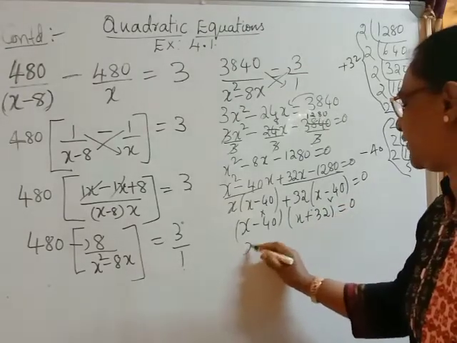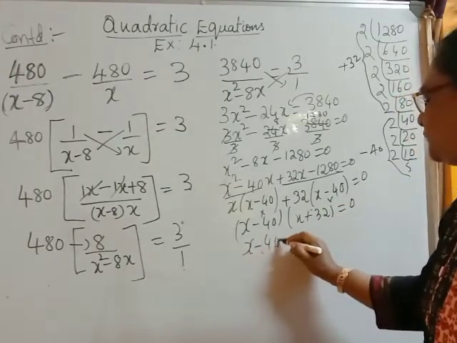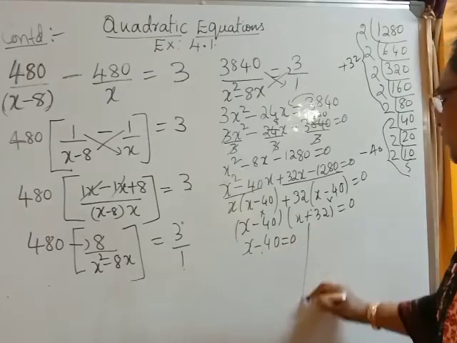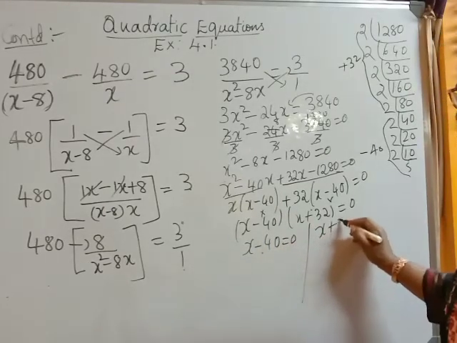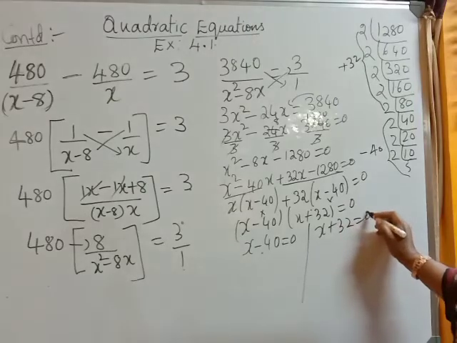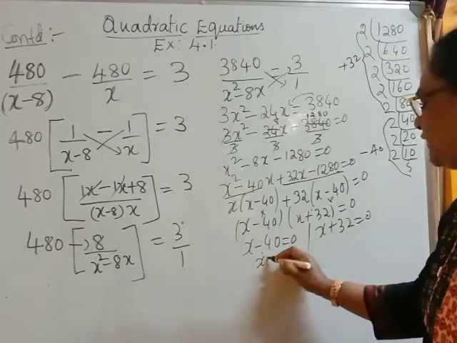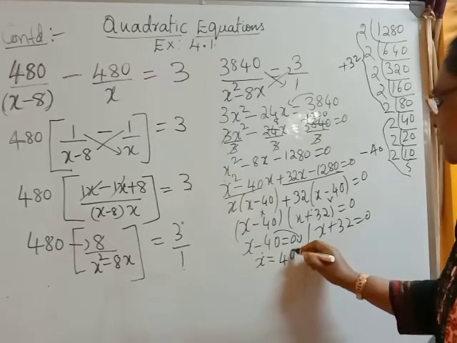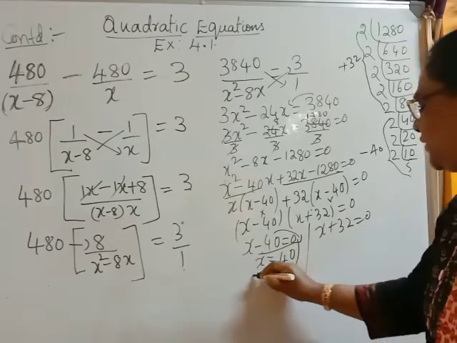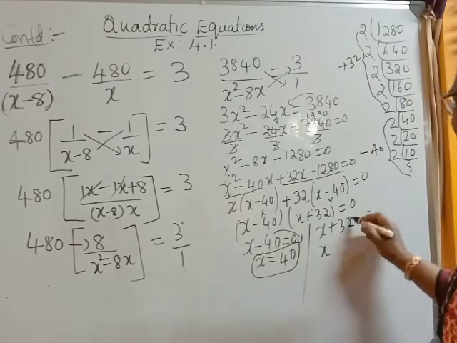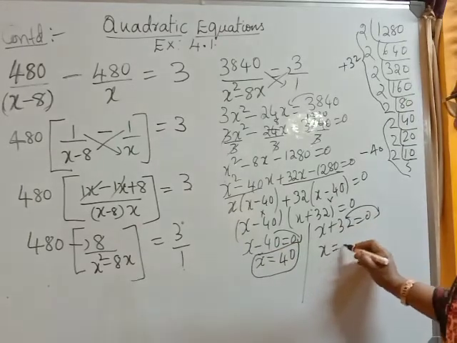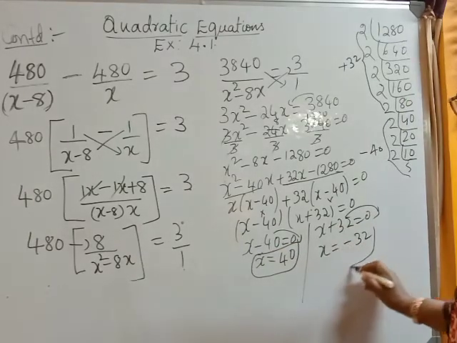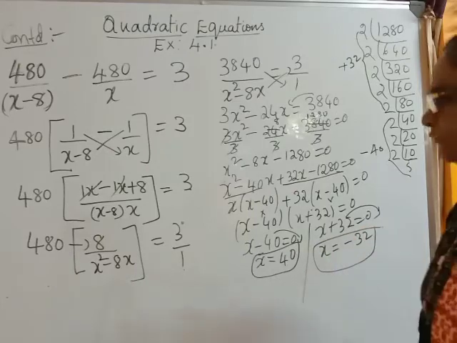Now equate both factors to 0. x minus 40 is equal to 0, x plus 32 is equal to 0. x is equal to 40 if you shift it, it becomes plus 40, and plus 32 if you shift it, that becomes minus 32. Always take the positive value, 40.